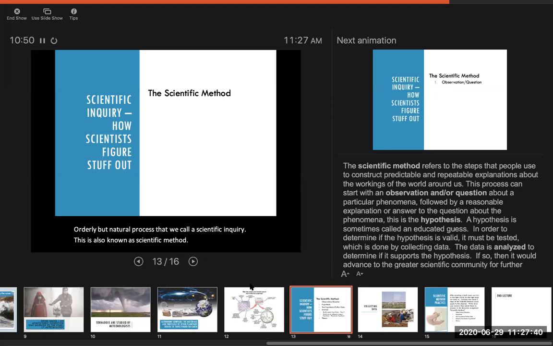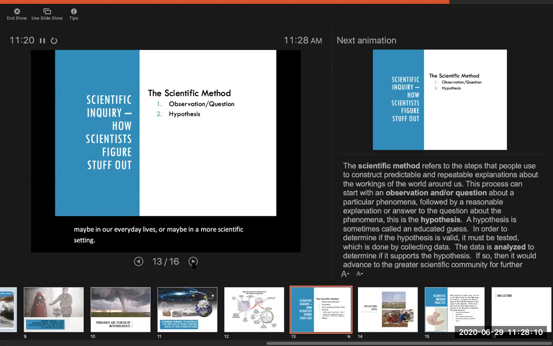This refers to the steps that people use to construct predictable and repeatable explanations about the workings of the world around us. This process can start with an observation and or question about a particular phenomenon. Perhaps there's something out of the ordinary that we observe, maybe in our everyday lives, or maybe in a more scientific setting.